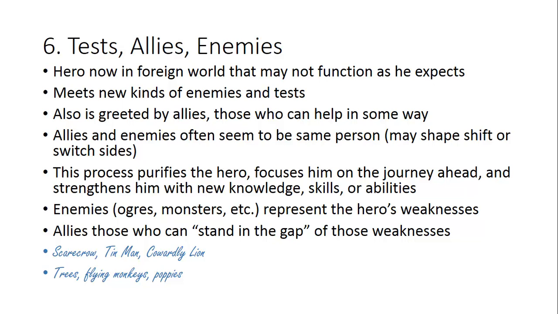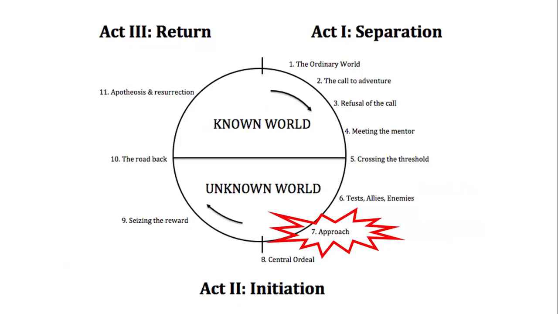Maybe that was kind of foggy before he left his ordinary world, but it's this process of these smaller battles and the gathering of allies and recognition of enemies that helps to bring all that into focus. So as Dorothy gains her allies, the Scarecrow, the Tin Man, and the Cowardly Lion, and she begins to recognize her enemies, initially the trees, the flying monkeys, the field of poppies that puts them to sleep, and then eventually, of course, the Wicked Witch.